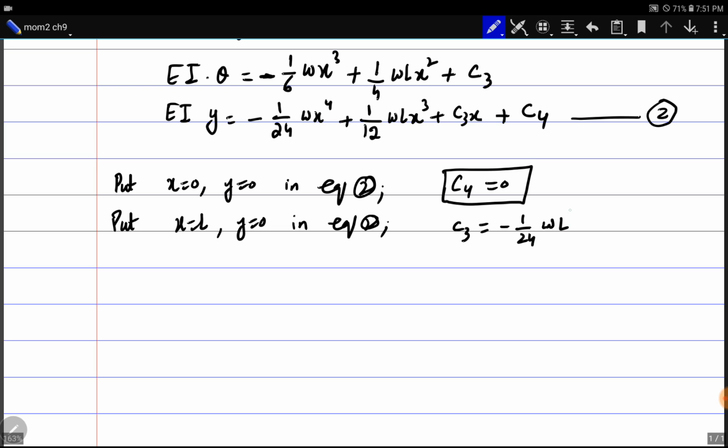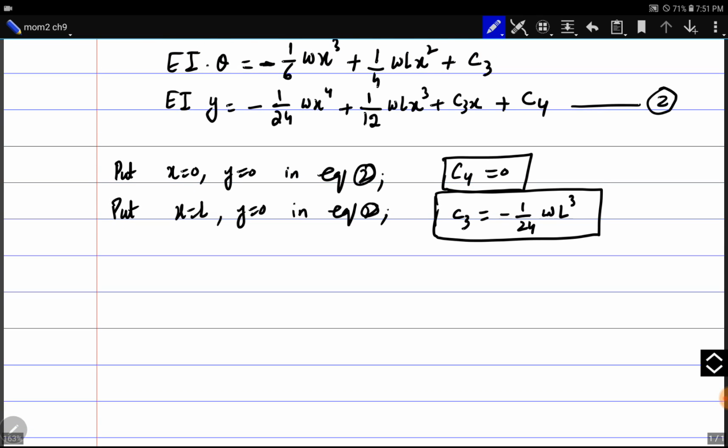You can do the calculation part by yourself. Okay, now we know C3 and C4. We can put back the values of C3 and C4 in equation number 2.